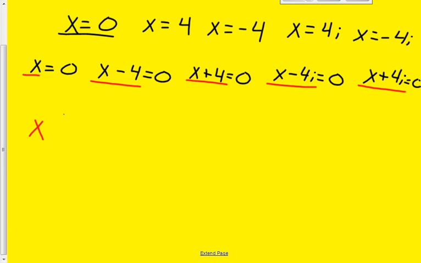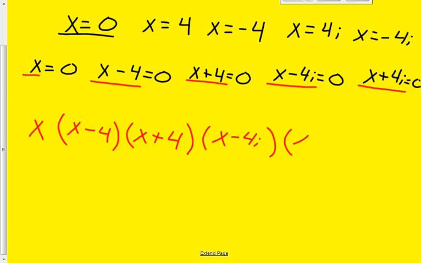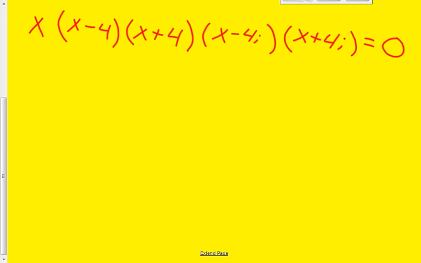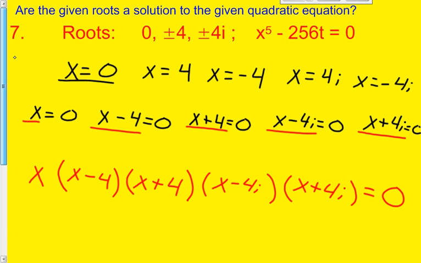So x times x minus 4 times x plus 4 times x minus 4i times x plus 4i, all of that equals 0. Now we're going to multiply all 5 of those by each other, and once we do that, we're going to see if we get the function x to the 5th minus 256x equals 0.